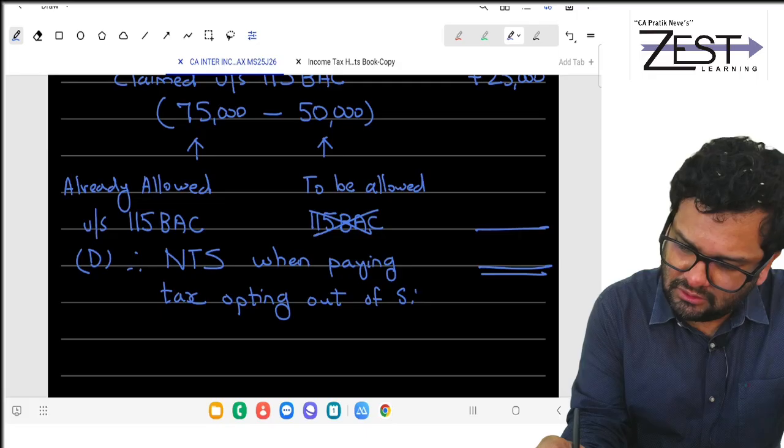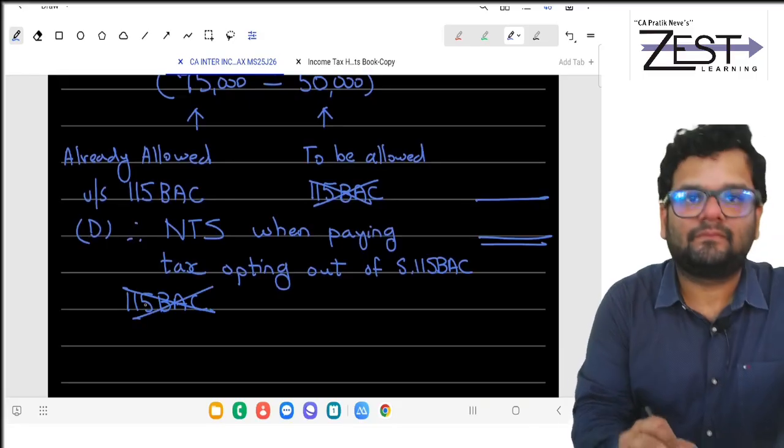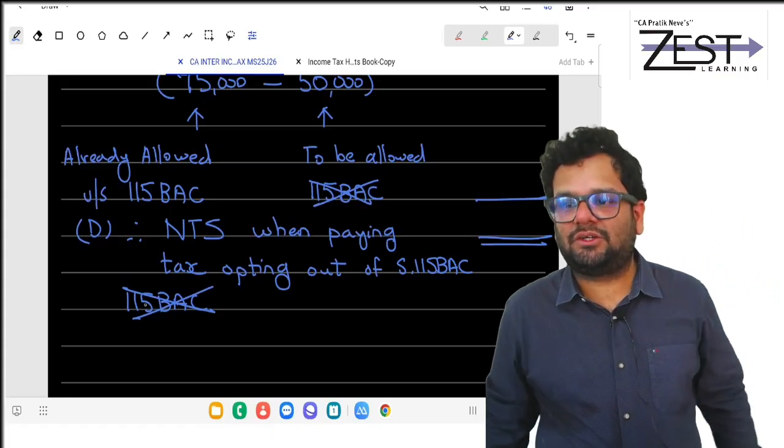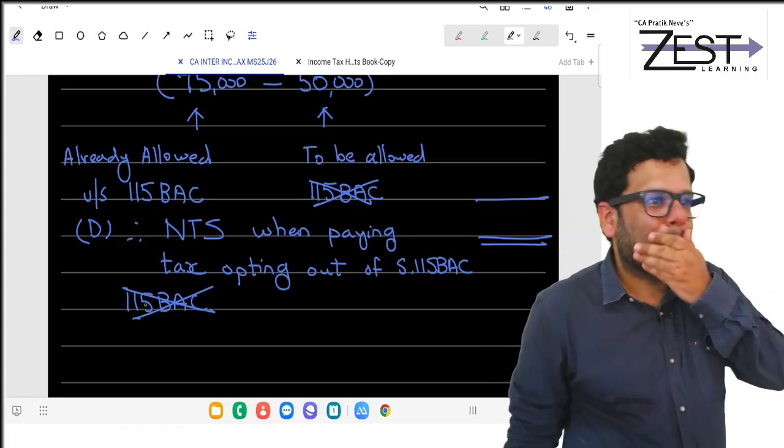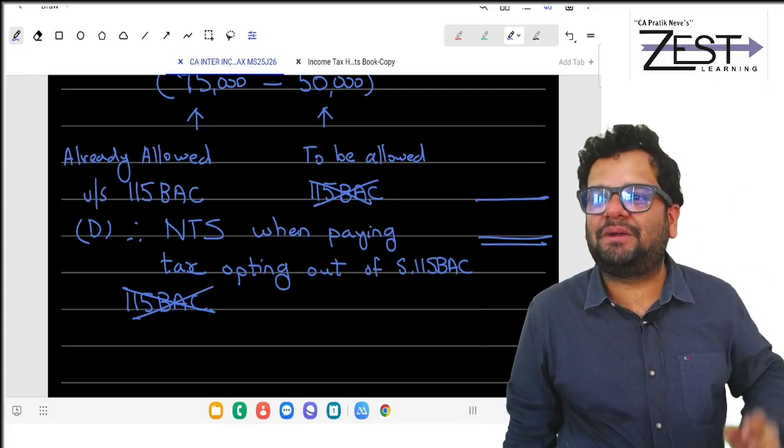Out of section 115. Did you understand what you expected to get? Can we go ahead? Do one calculation pending.